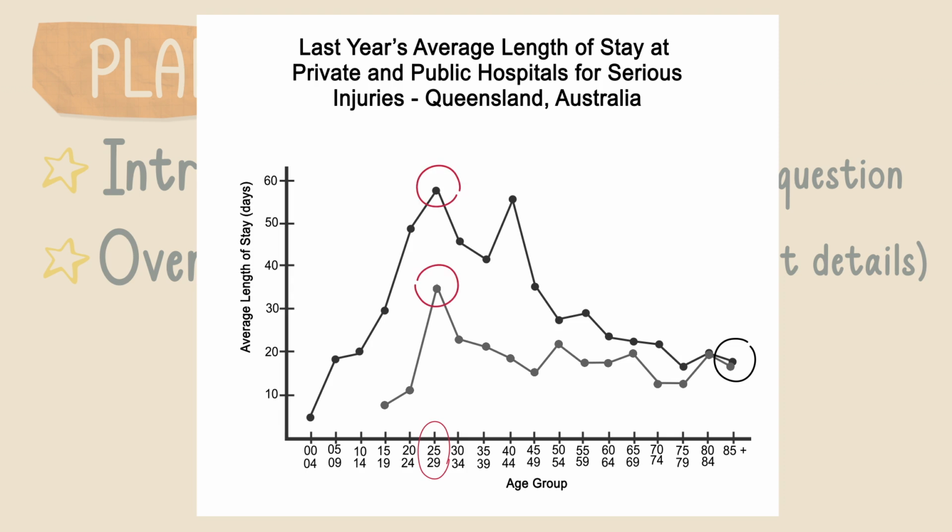Or, for example, at the end, from age 50 up to 85, again, they followed a similar pattern, right? In terms of increase or decrease, they have a similar pattern. So this is something that we can add to our overview paragraph.